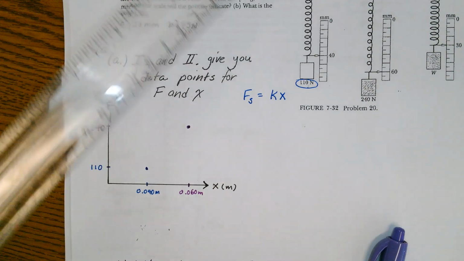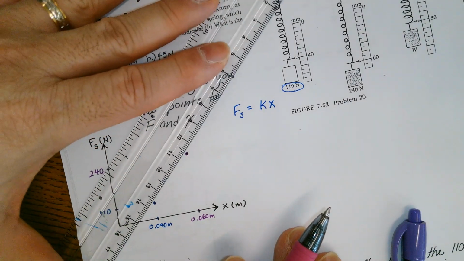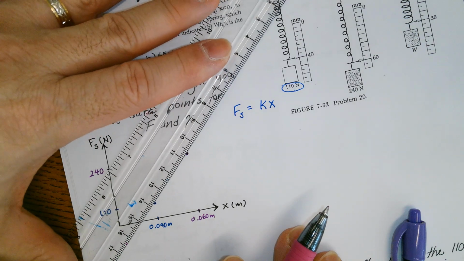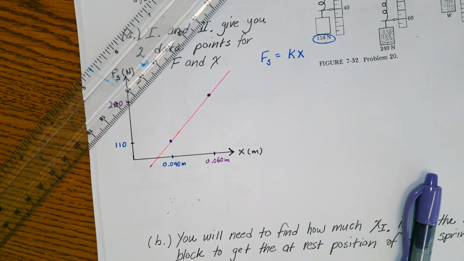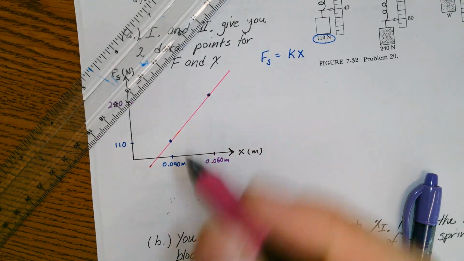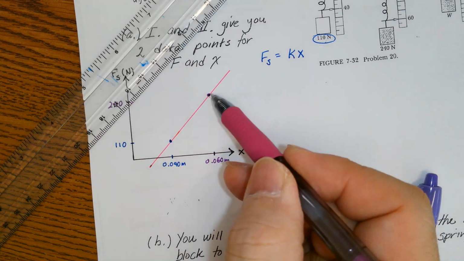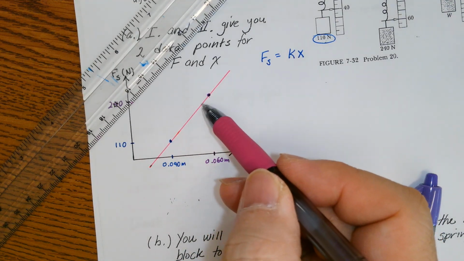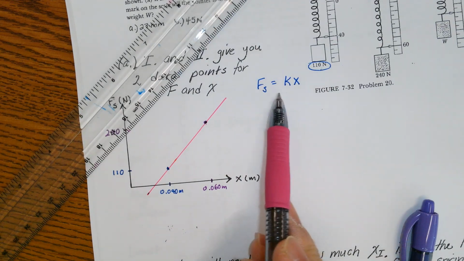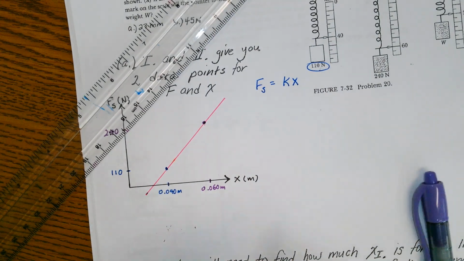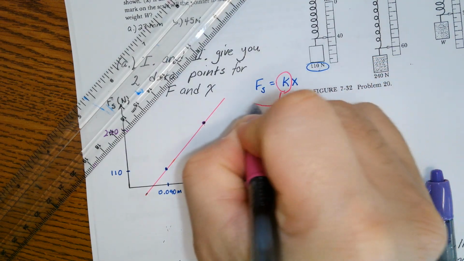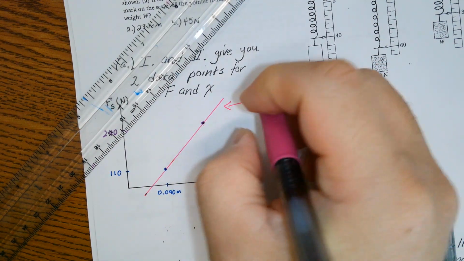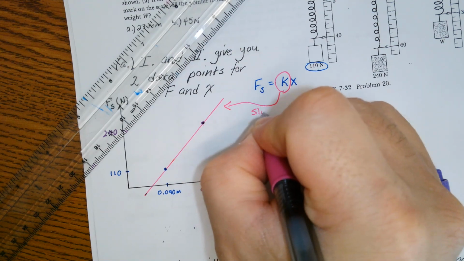So if I were to do this, the slope value between these two points would represent my K. So this K right here is the slope value.